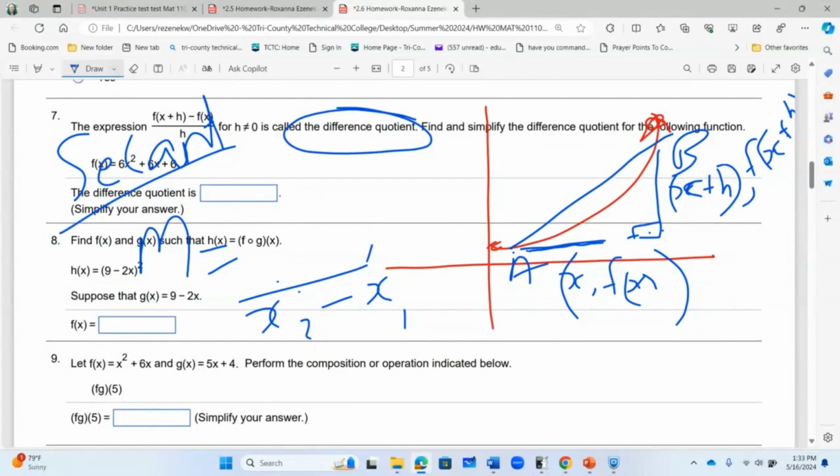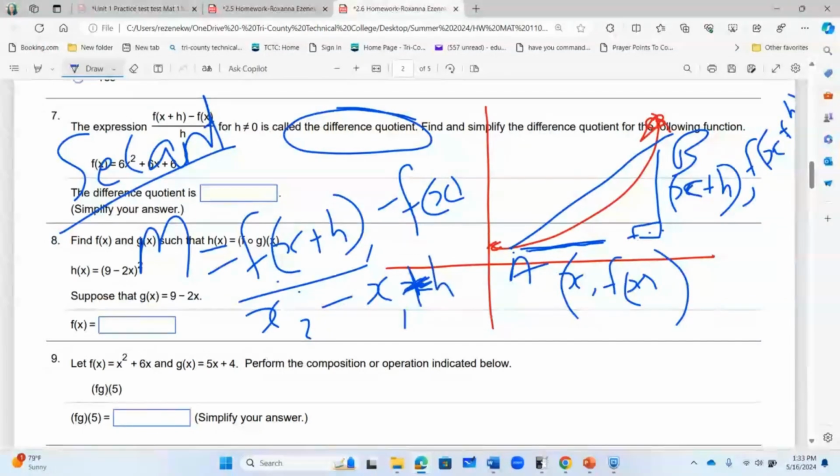So here I'm going to write f of x plus h, that's y2, minus y1, which is f of x. And then for the denominator, I have x plus h minus x. So this is the one with increments plus h.